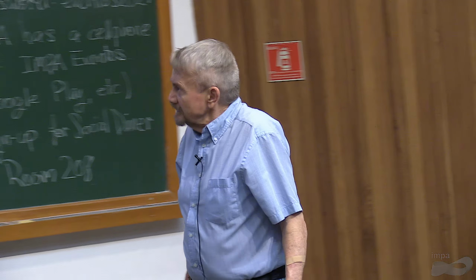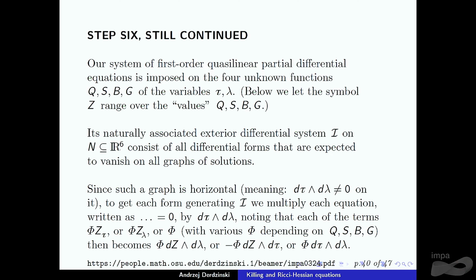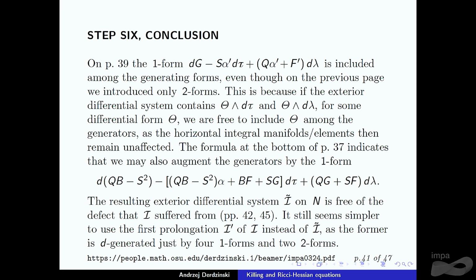And something can happen here, because there are only 2 forms present there, and this is not quite right, because occasionally, among those forms you generated, your system could contain theta wedge d tau and theta wedge d lambda for some one-form theta. And then on every graph of a solution surface, on every integral plane, theta will vanish as well.